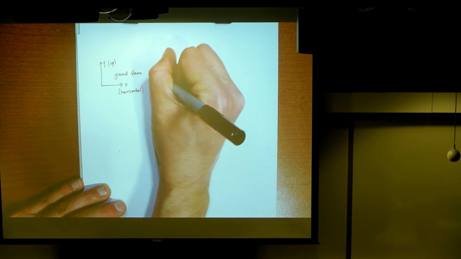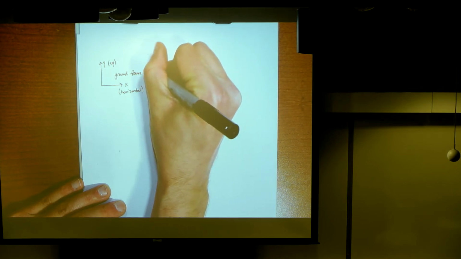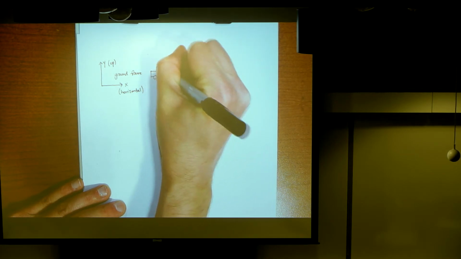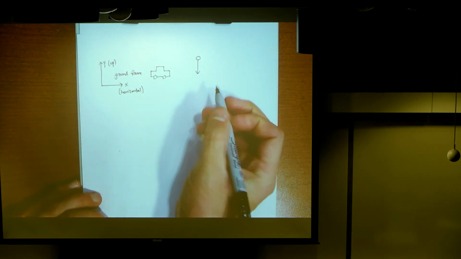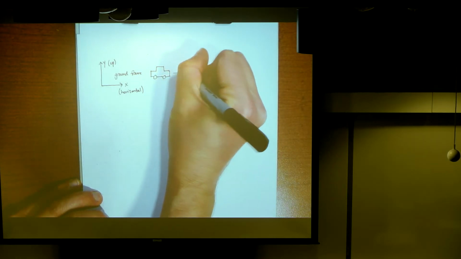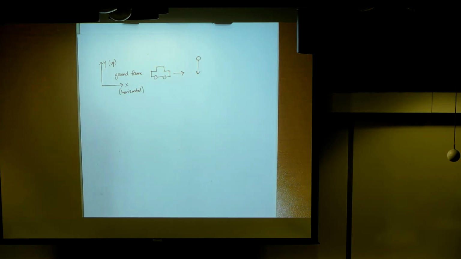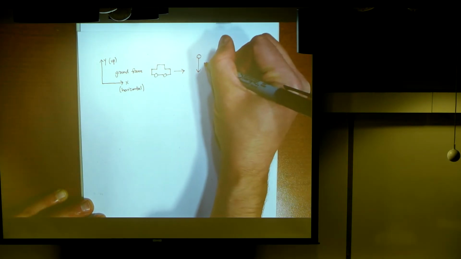And if I take a look at the car as it's going by, I'm seeing it move in the horizontal direction, right? So let's label these velocities. Because both of these velocities are relative to the ground, I could call this one VRG.